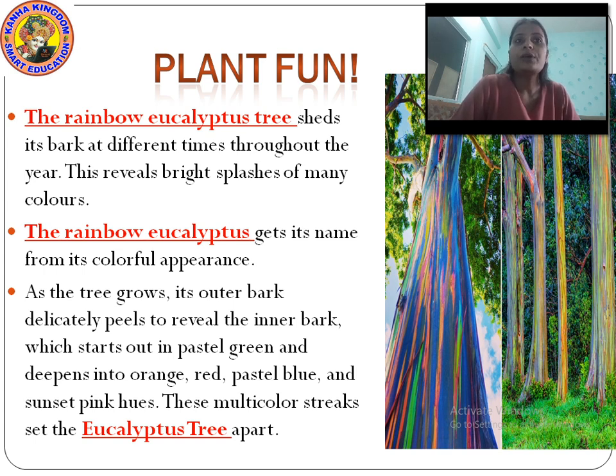The rainbow eucalyptus tree sheds its bark at different times throughout the year. This reveals bright splashes of many colors.